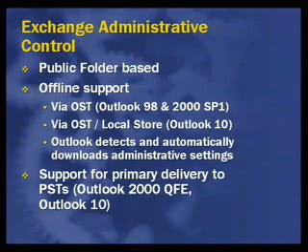The way that this works is Outlook automatically detects if the administrator has created a public folder to store the security settings. And if that public folder exists, Outlook automatically adds it as one of the folders that gets downloaded offline. So there's no user intervention required in order to make sure that that folder gets brought down.